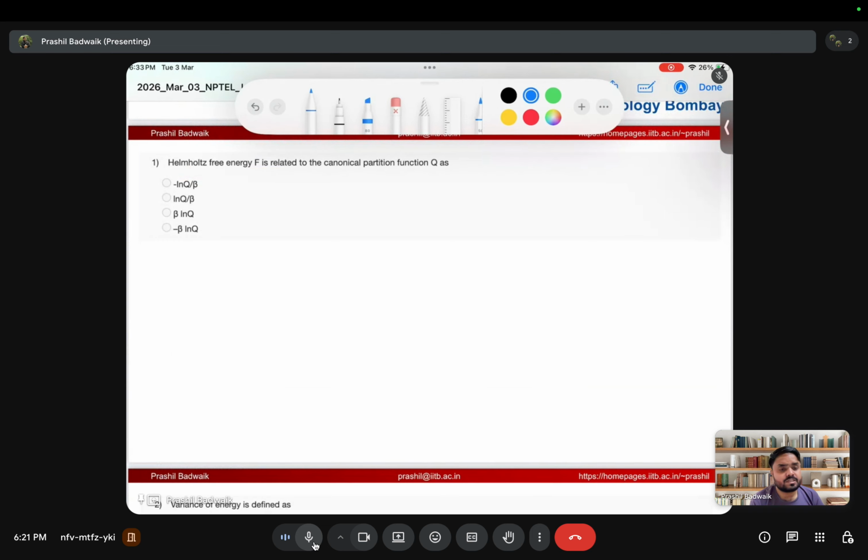The first question is there on your screen. You can see Helmholtz free energy F is related to canonical partition function. We know F, Helmholtz free energy, is equal to minus kBT ln Q. Again, the detailed derivation is there in the lecture.